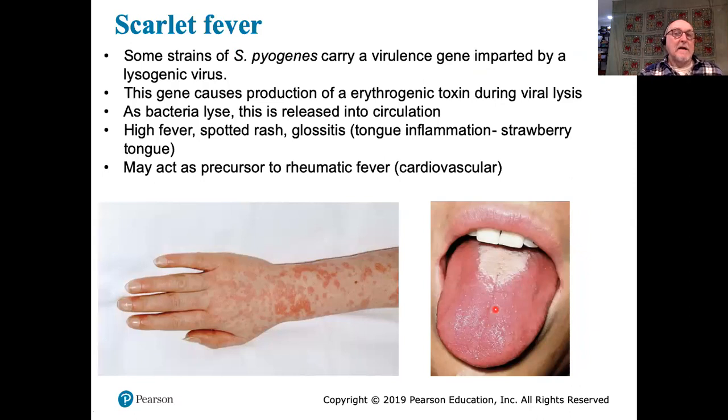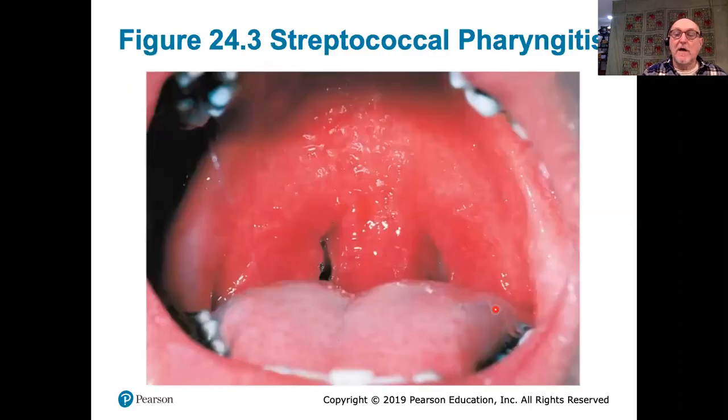Now this can actually proceed to an even more dangerous stage, which we talked about when we covered cardiovascular, and this is rheumatic fever. Rheumatic fever is a response to this toxin.